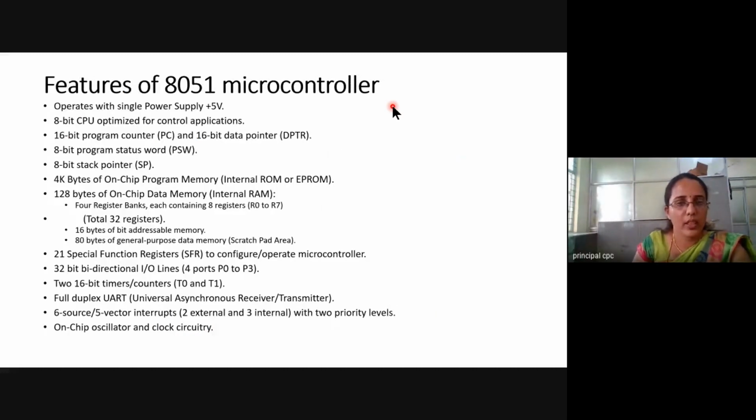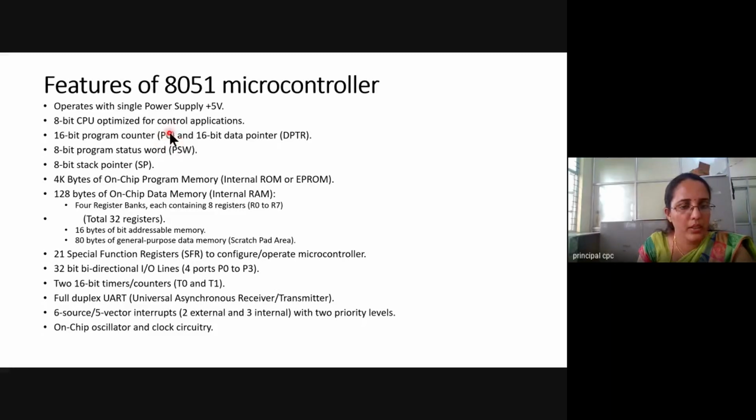So again, these are the features. Operates with a single power supply, 5 volts is enough. 8-bit CPU. 8-bit CPU means the central processing unit is of 8 bits. Most of the registers are considered to be 8 bits, hence 8-bit CPU. Then we have a 16-bit program counter.